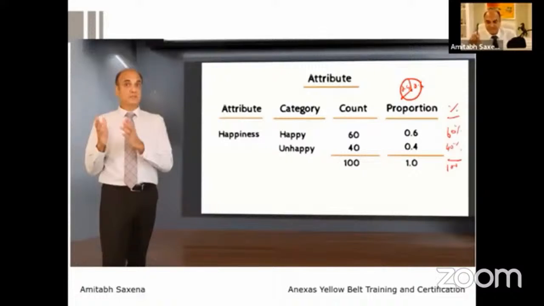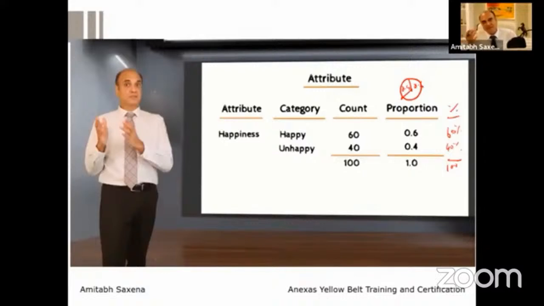Okay. So please understand that any percentage is actually attribute data. Percentage is giving you one category's contribution. So it's categorical data. 60% means 60 belongs to that, whatever you are talking about, and 40 belongs to something else.